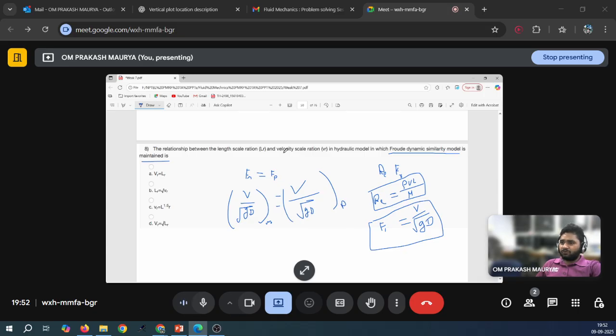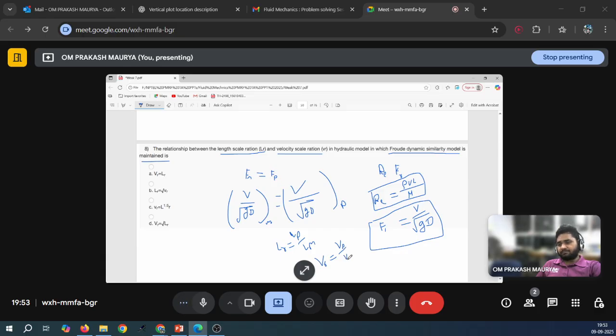So the velocity ratio you have to find out, and the length ratio also. You have to find the relation between these two. LR is LP, the length of prototype, divided by the length of your model, and VR is the prototype velocity divided by the model velocity.